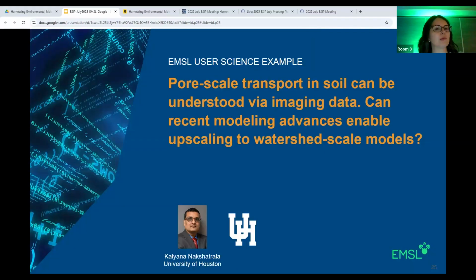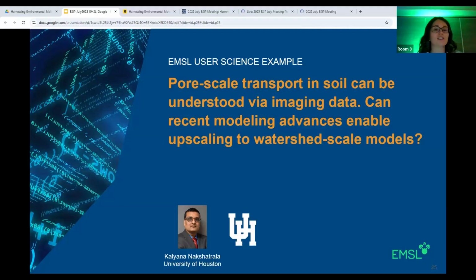So this first example was led by Professor Kalyana Nakshatrala at the University of Houston, and he shares EMSL's research interests in understanding soil structure and function in the context of large-scale ecological processes. To date, computational challenges have imposed an artificial ceiling that's really limited the community's ability to integrate those pore-scale imaging data into larger scale models.